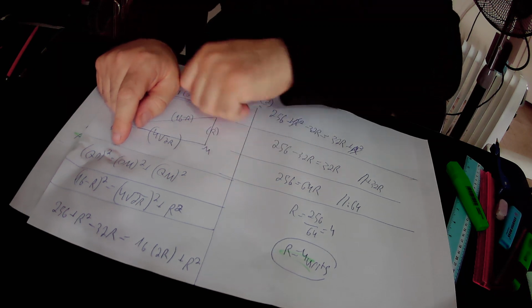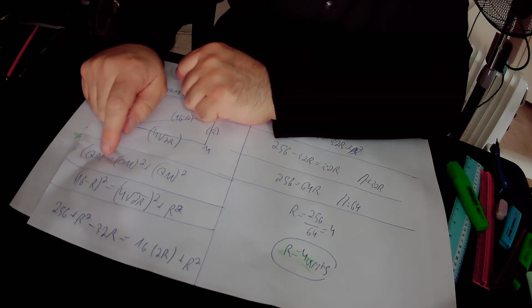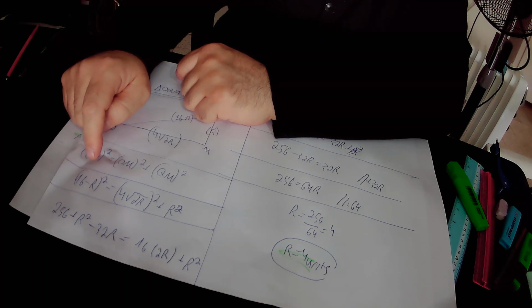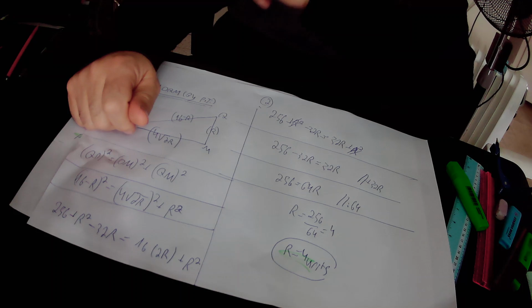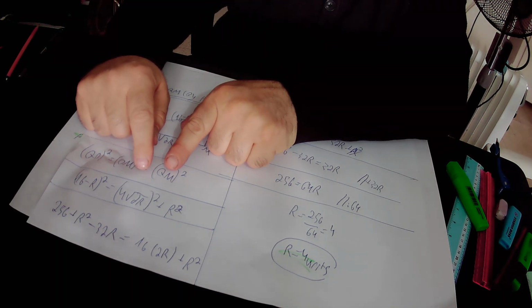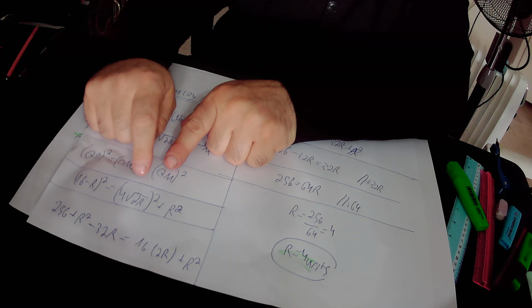Here we open the brackets on both sides of this equation and find that (16 minus R) squared equals 16 squared, that is 256, plus R squared, minus 2 times 16, that is minus 32R. And it is equal to (4 times square root of 2R) squared, which is 4 squared, that is 16.